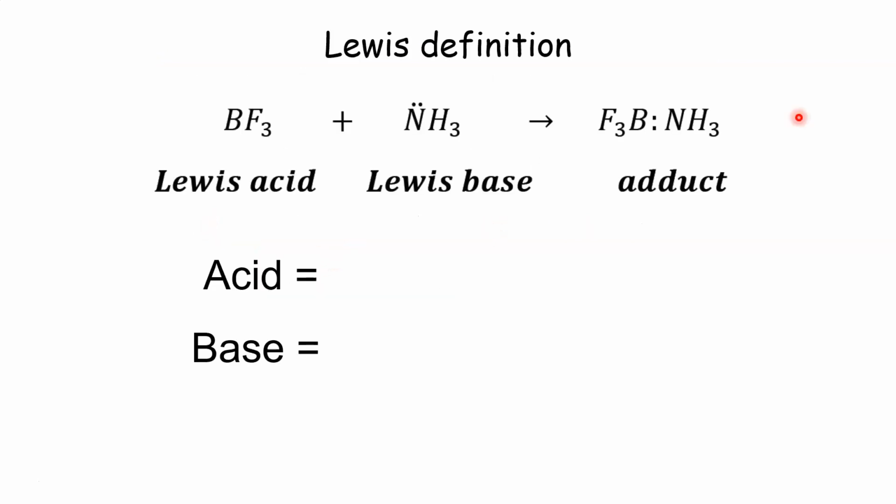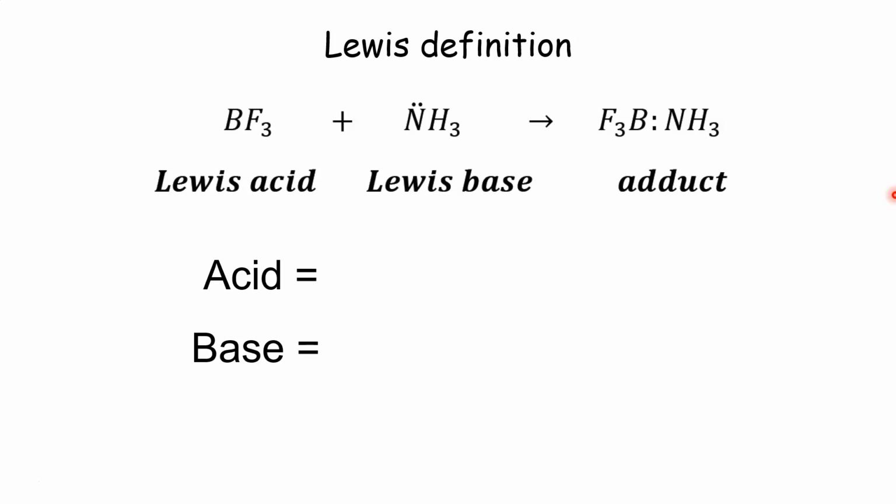Okay. Finally, we are going to talk about the Lewis definition, and we won't use this one quite as much in this chapter, but it becomes very important when talking about redox reactions, and you'll use this in organic chemistry all the time. So a Lewis acid and a Lewis base have to do with electrons, not protons.